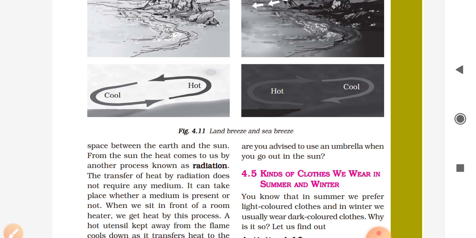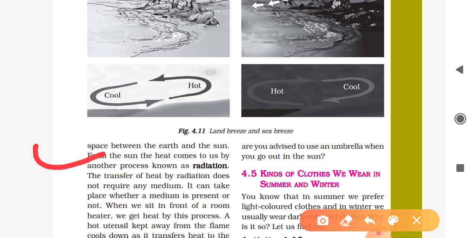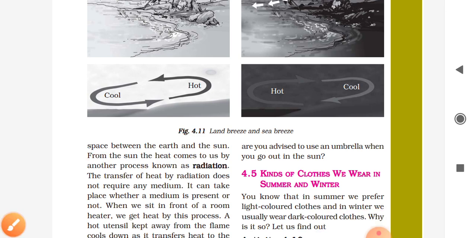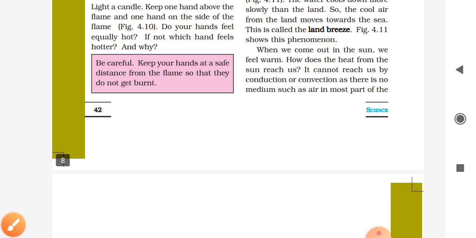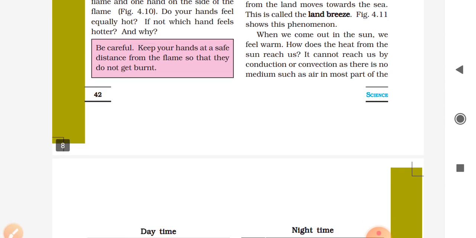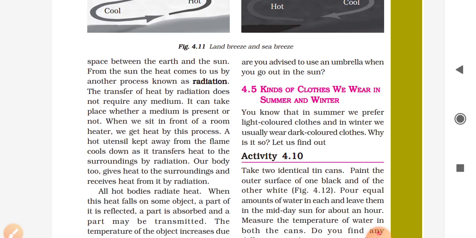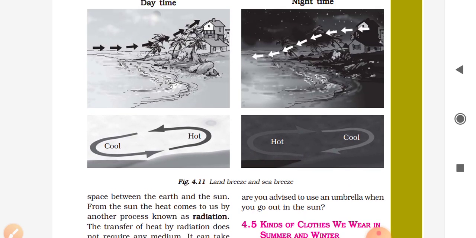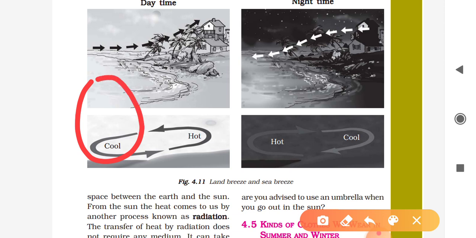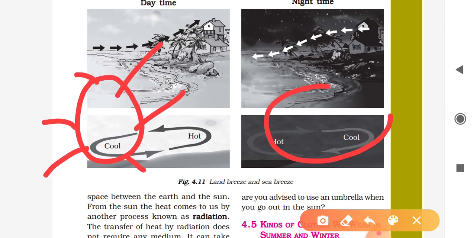So the process, here you can see, is that from the sun the heat comes to us by another process known as radiation. There is no such medium as air in most parts of the space between the earth and sun. So you can see this is the sun, and suppose this is the earth.